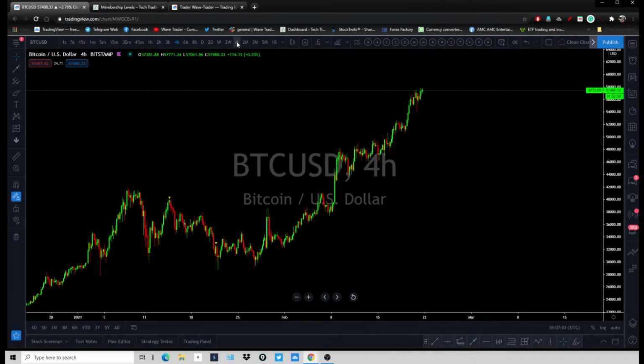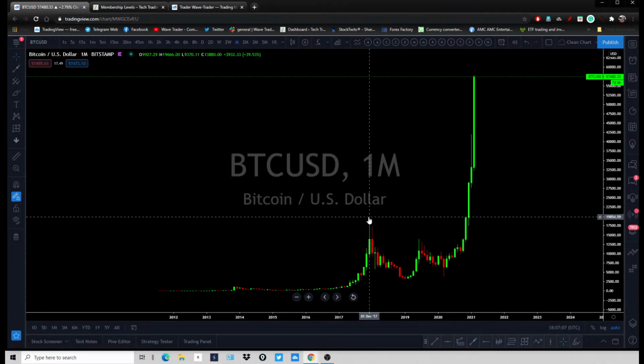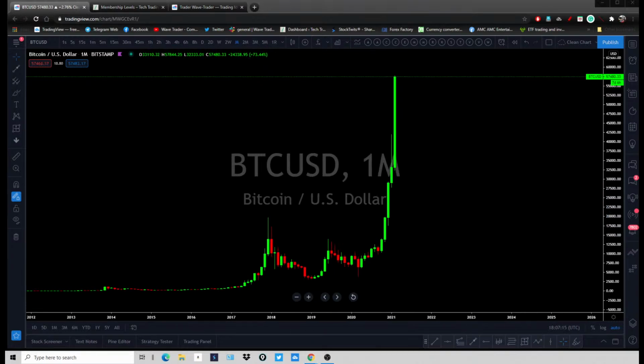We have experienced that. We have seen that in December 2017. In this month, February, we have seen strength on this chart from 30,000 to 60,000, 100% strength.